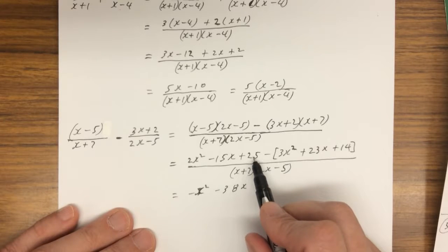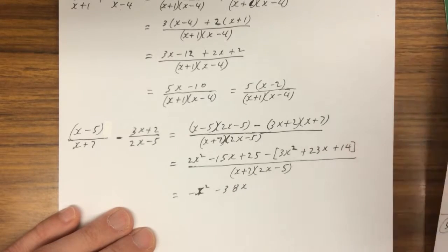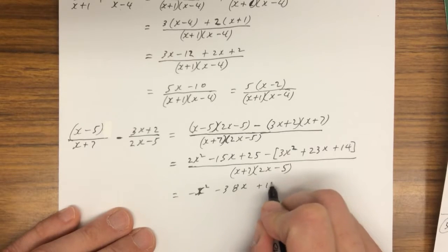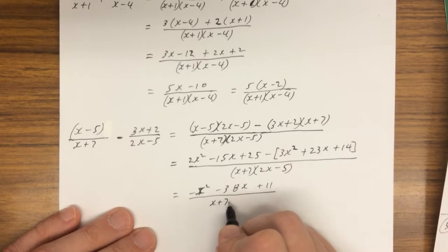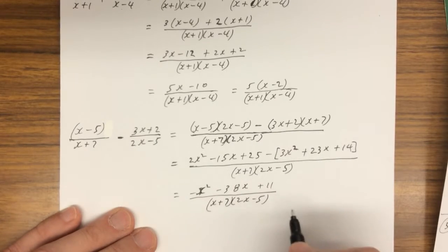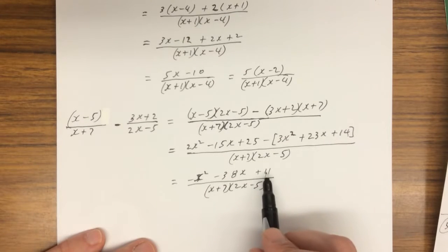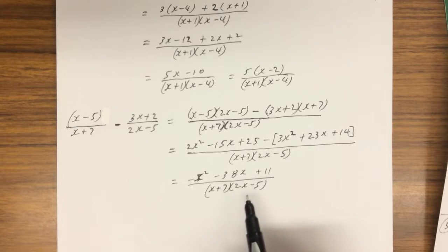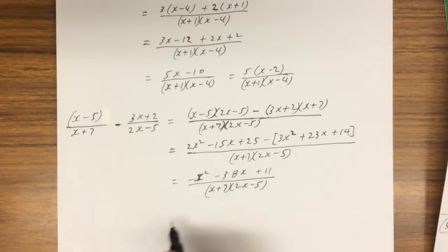And 25 minus 14 is going to be 11. And that's about as good as that one gets, because I don't believe this one factors. Okay, and if it did factor and x plus 7 or 2x minus 5 was one of the factors, well then you cancel it out and write in the restrictions.